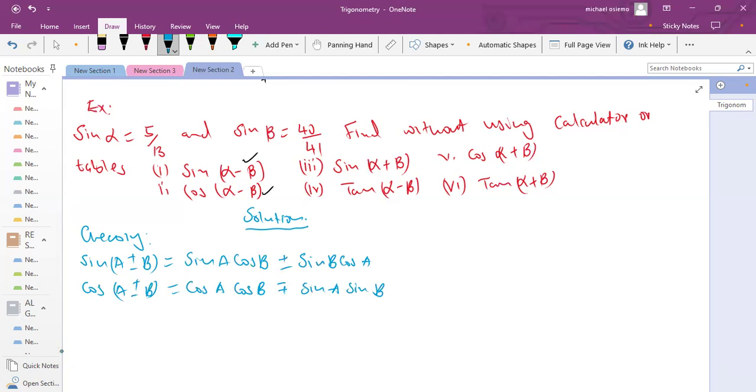So from this question, we have sin alpha is equal to 5 over 13.